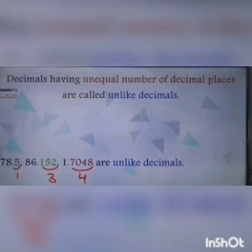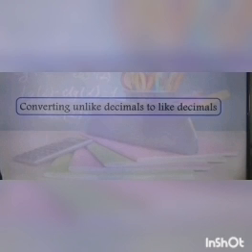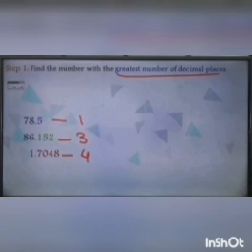So now how can we convert unlike decimals into like decimals? Let us see how we can do that. We have these 3 unlike decimals. The first step is to find the number with the greatest number of decimal places.